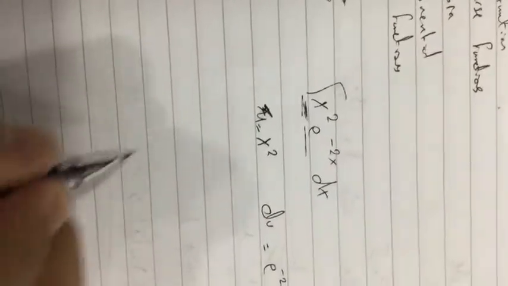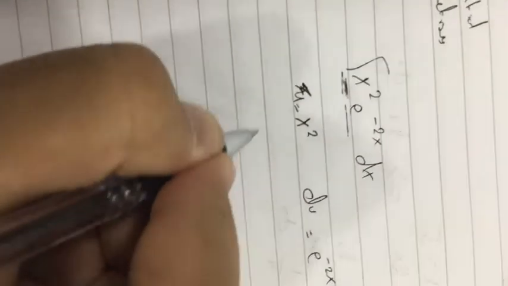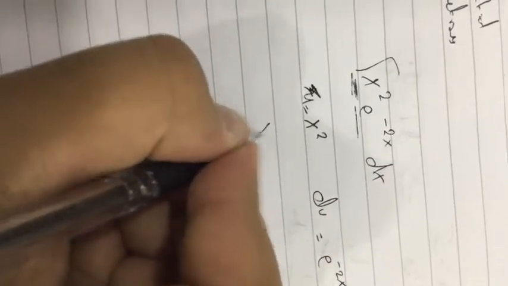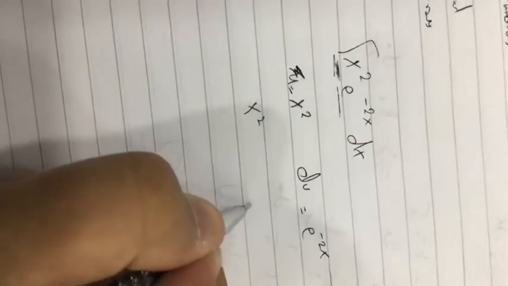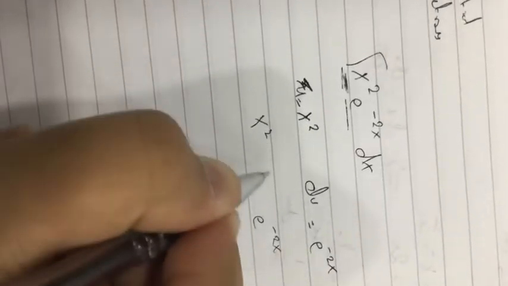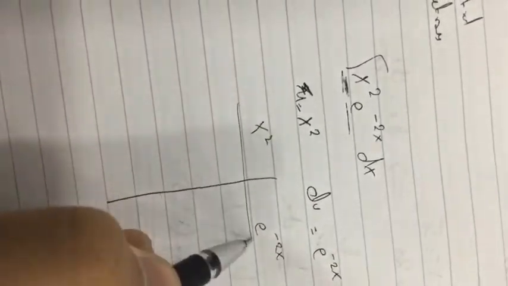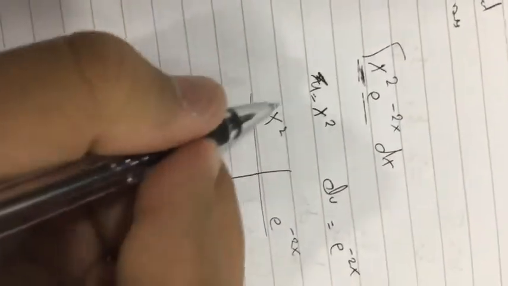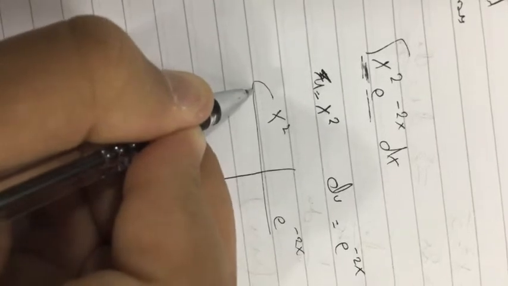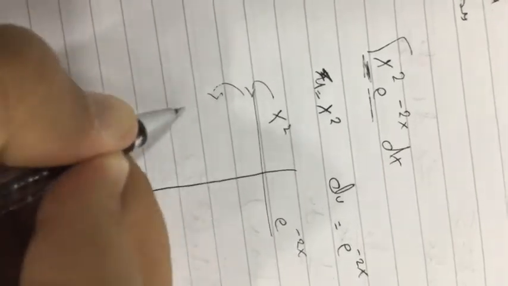We will use the tabular method. We do like this. Here the u, it is x squared, and here negative 2x. Okay, and here we do the derivative like this.